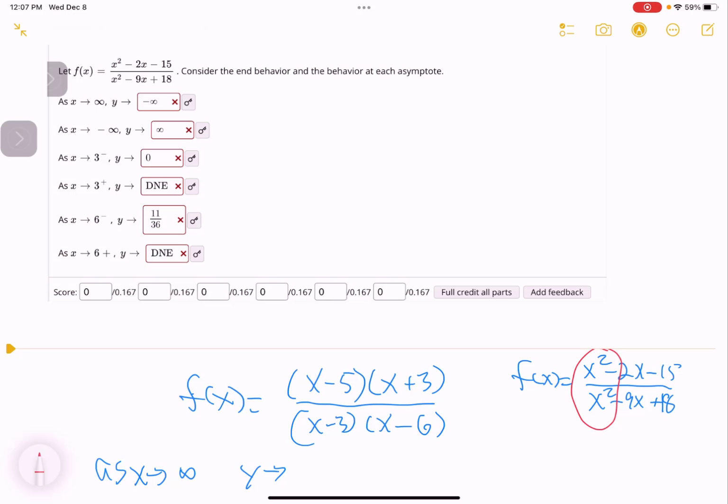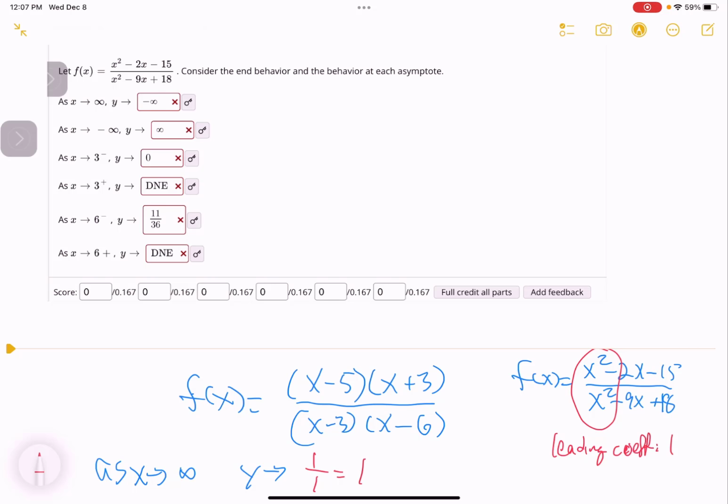When they're the same power on top and bottom, you look at leading coefficient over leading coefficient. Our leading coefficients are both 1. So y goes to 1 over 1, which is 1. That's why y approaches 1 as x gets big.